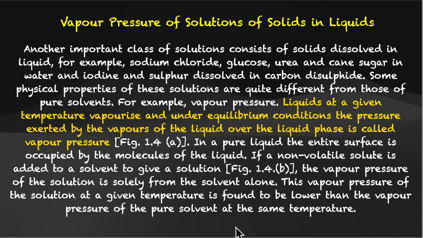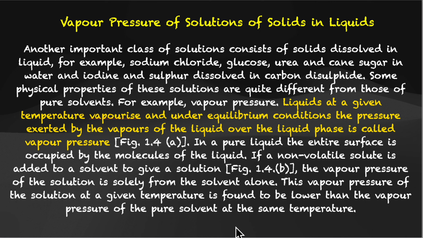When it is a pure solvent, the entire surface is covered with molecules of liquid. Now when a non-volatile solute is added to the solvent, the non-volatile solute will not vaporize. Only the solvent will vaporize and become its vapor phase, and that vapor phase will exert a pressure on the liquid.